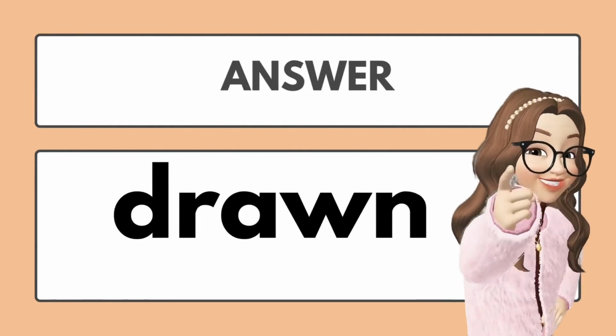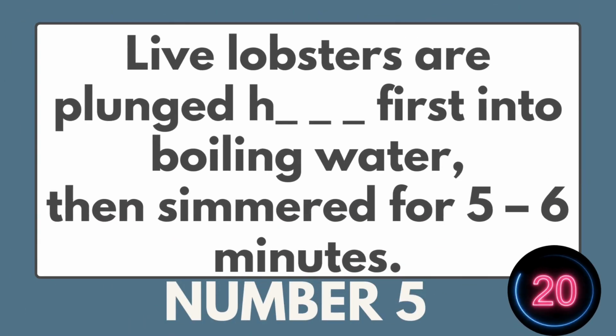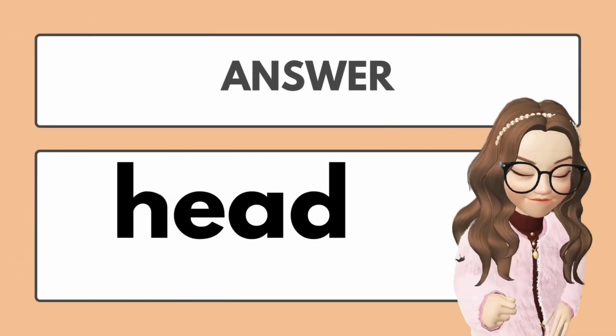Answer: drawn. Live lobsters are plunged blank first into boiling water, then simmered for 5 to 6 minutes. Answer: head.